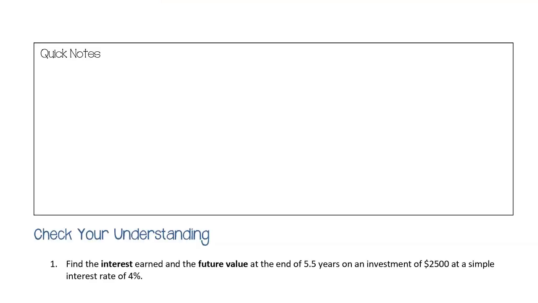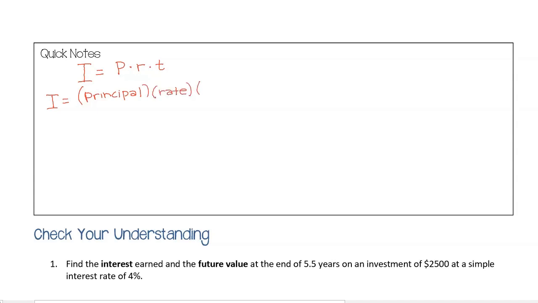So now you've had some experience with the material. We added in some formulas. So now let's put some notes right here that puts all of that together. One of the things we talked about was interest, and that is going to equal P times R times T. So the interest is going to be the principal times the rate times the time.